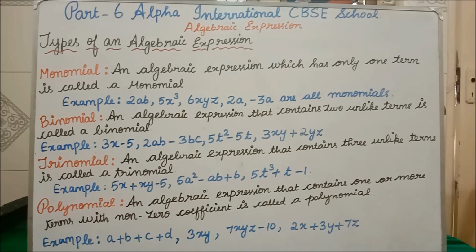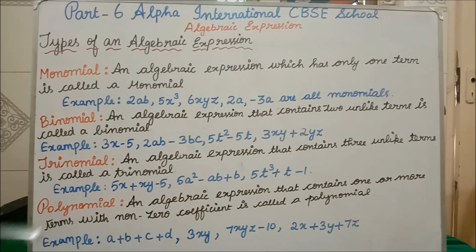Next, binomial. An algebraic expression that contains two unlike terms. Listen carefully, two unlike terms. If two like terms come, it means what? If we add these two like terms, we will get only one term. So in a binomial, we have to consider two unlike terms. If you see here, 3x is the first term and 5 is the second term.